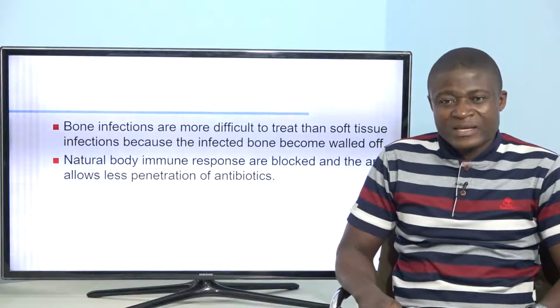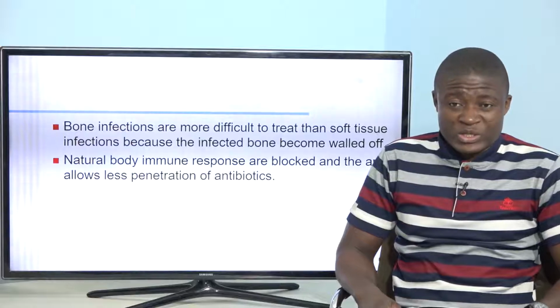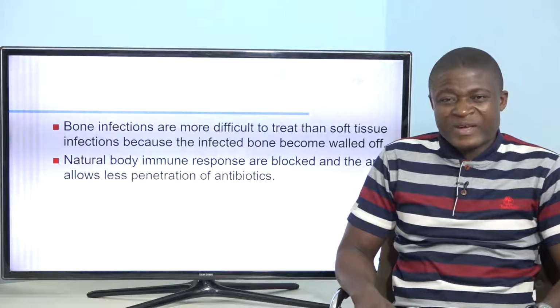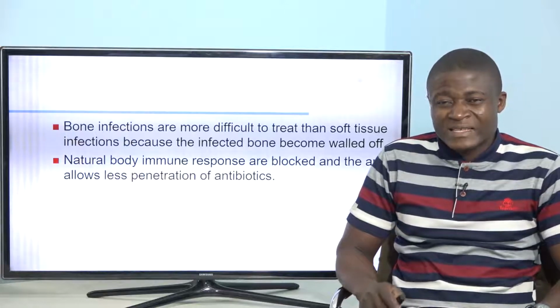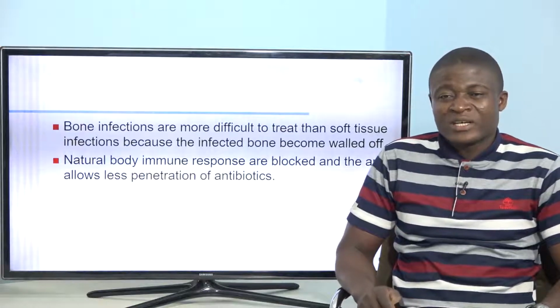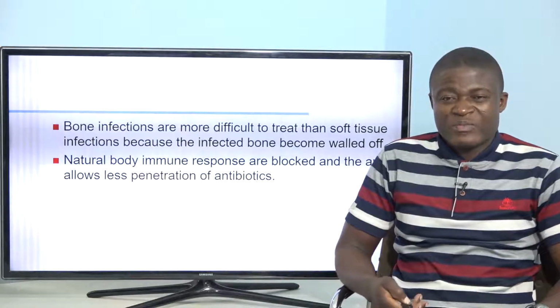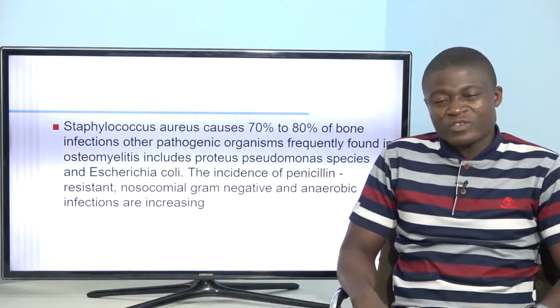But it is not the same with bones, because the antibiotics are not able to penetrate through the bones easily. So if a bacteria is able to gain access to the bone and starts infection, it is very difficult to fight them off. So that is what makes bone infections much more difficult to treat.